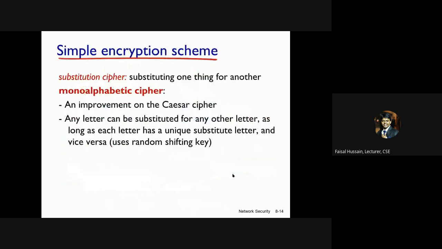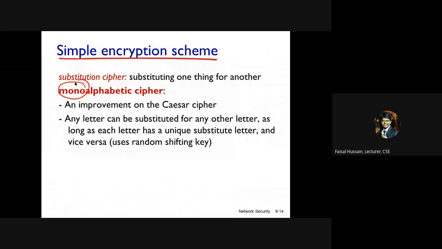So what is a simple encryption scheme? The substitution cipher, substituting one thing for another, or mono-alphabetic cipher. Mono means one. This is an improvement on the Caesar cipher, where any letter can be substituted for any other letter. Instead of using a shifting key of 3, you have to know all the substitution values because they are randomized.